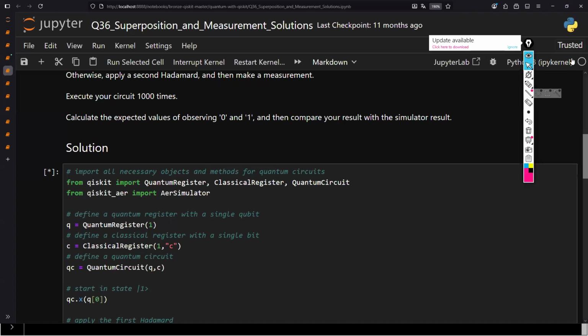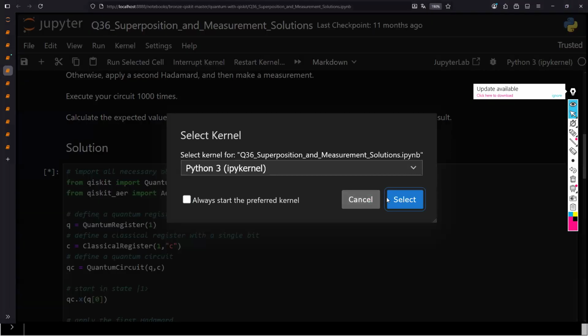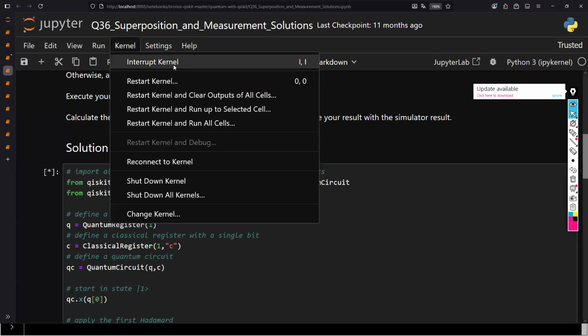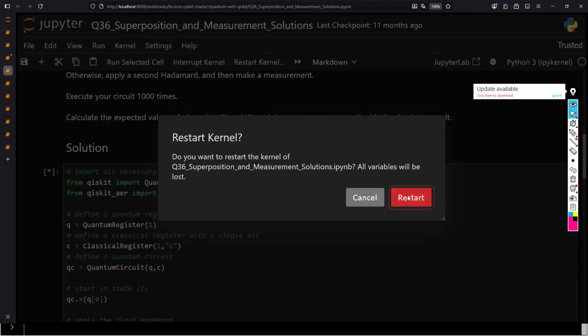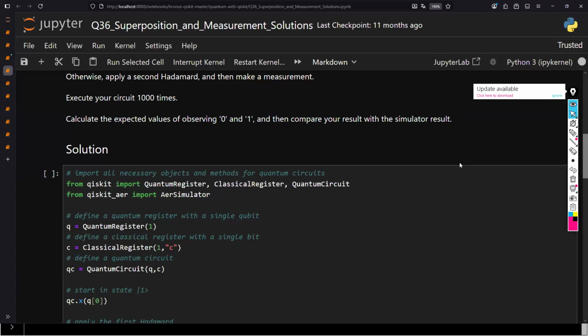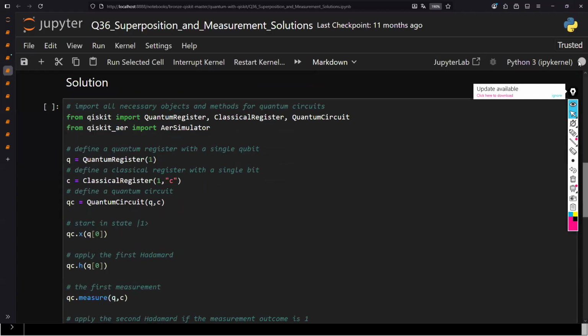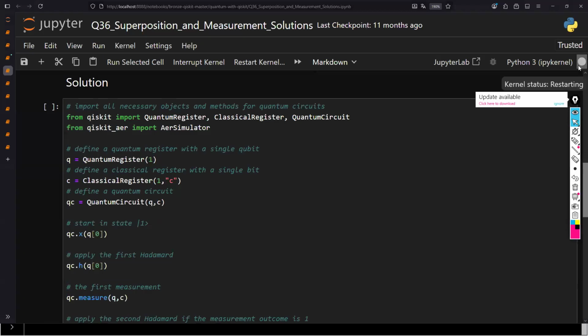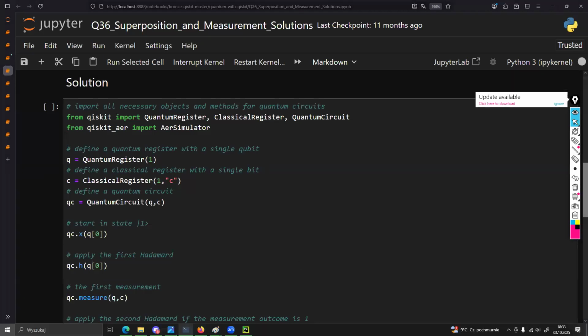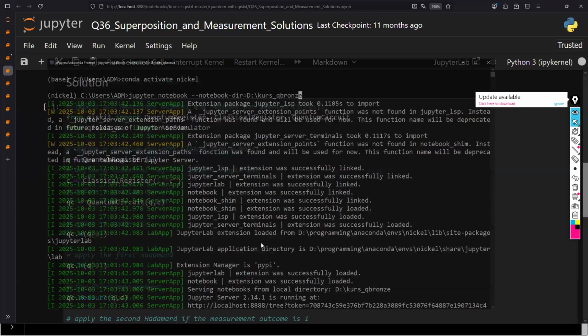Okay, let me see if this helps. Right, yeah, I think it will be better if I do this instead. Or I will do this.